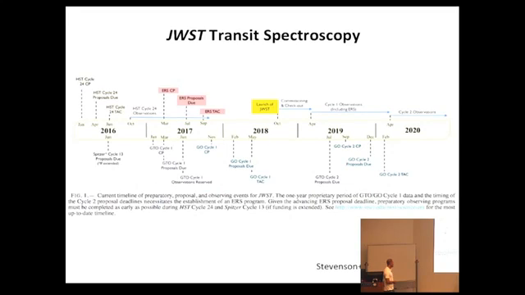The timeline of JWST, even though it's a few years away, there's a lot of stuff that's going to happen over the next 2 years. And I want to highlight this idea of a so-called early release science program, which the community is trying to get behind. This is talked about in Kevin Stevenson's recent white paper. The point being that we don't know the performance of JWST, and we don't know the right combination of instruments.